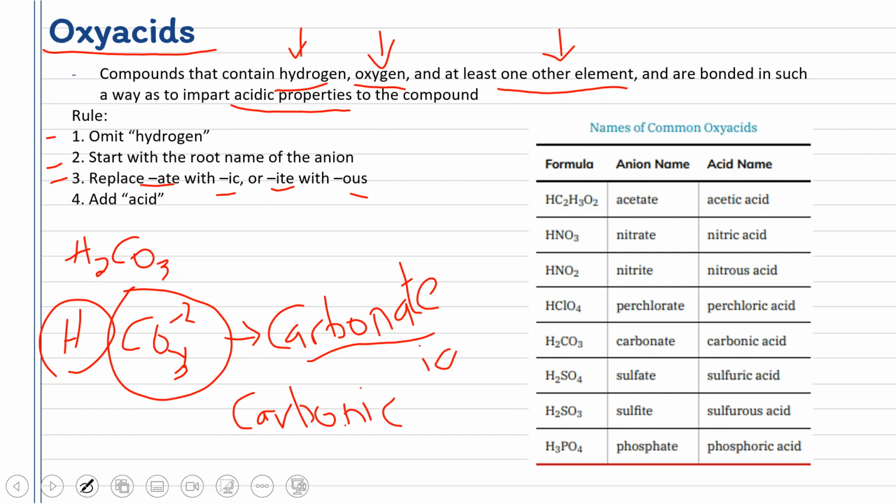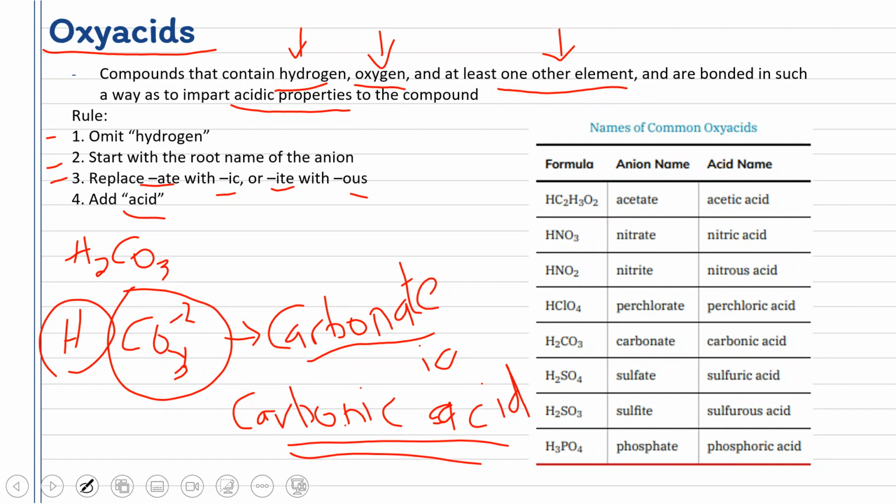Instead of carbonate, I'm going to have carbonic. Then the last thing is that add acid to the name. So I'm going to have carbonic acid. There you go. And that is my name, carbonic acid.